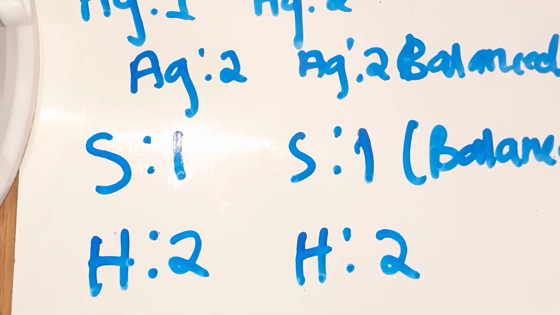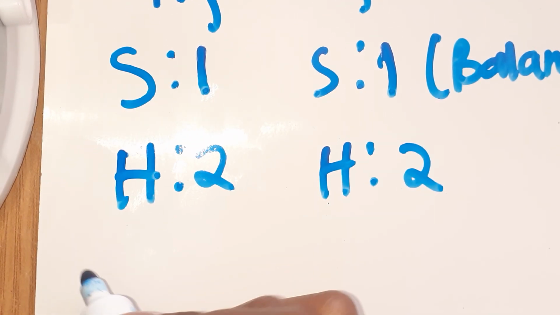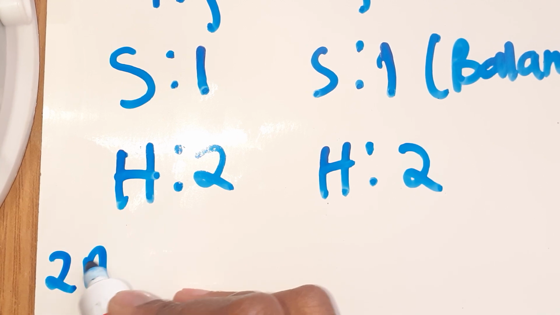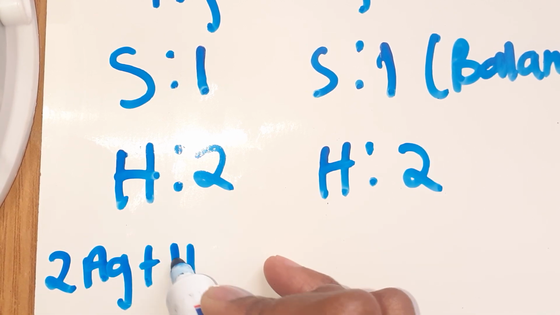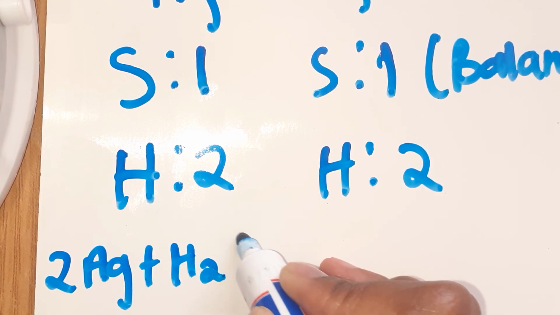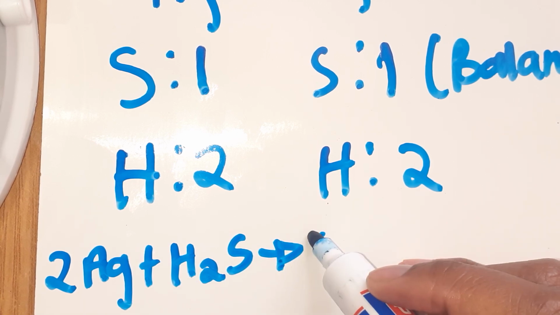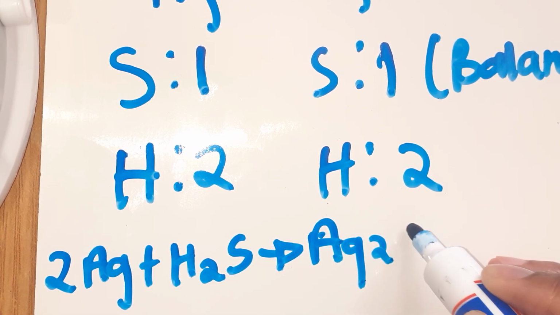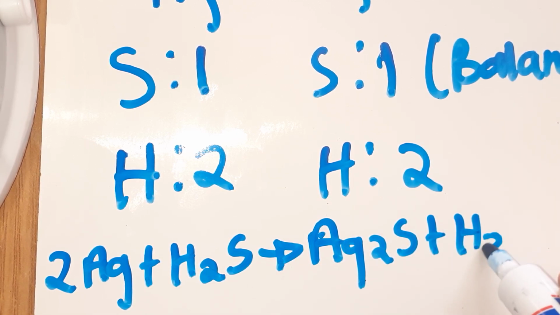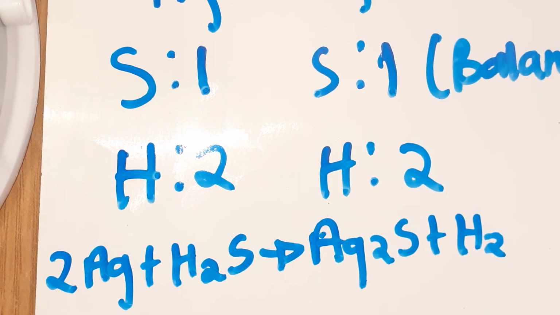So everything now balances out, and the new equation will be 2Ag plus 2H2S into Ag2S plus H2.